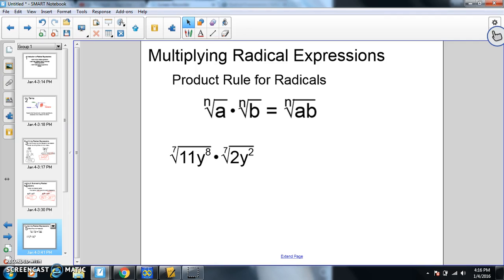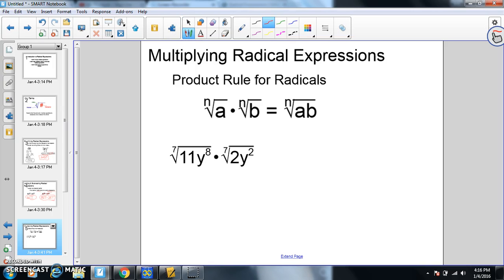Now, multiplying radical expressions, we are going to use the product rule for radicals. And what this is telling me is we need the same index of our radicals, and we are then going to multiply our radicands. So if we have the same index, we then just multiply the insides.